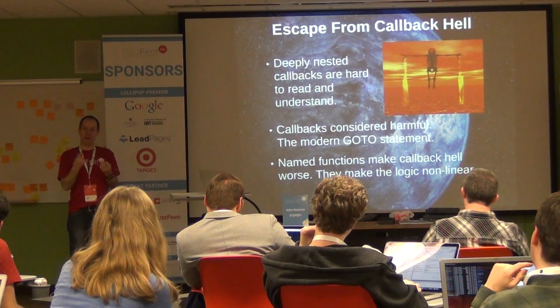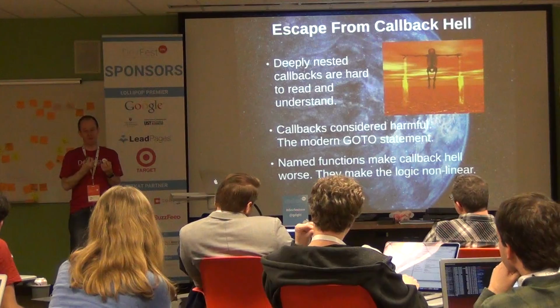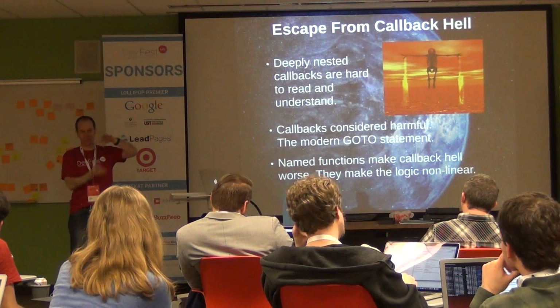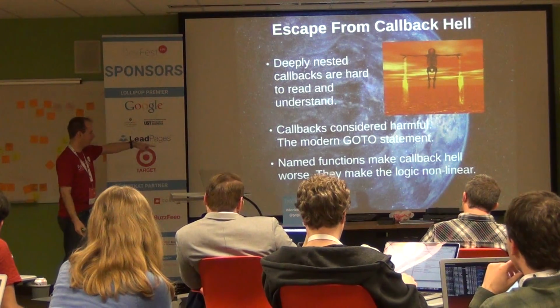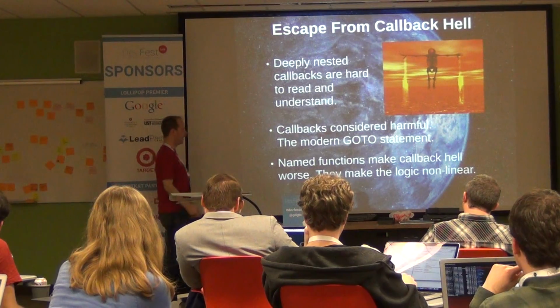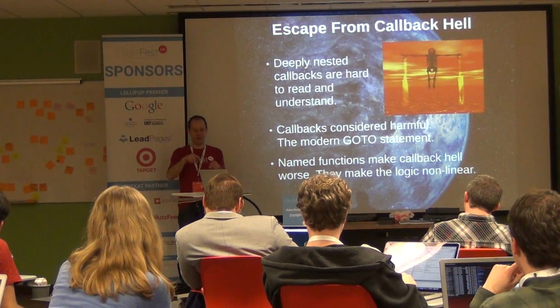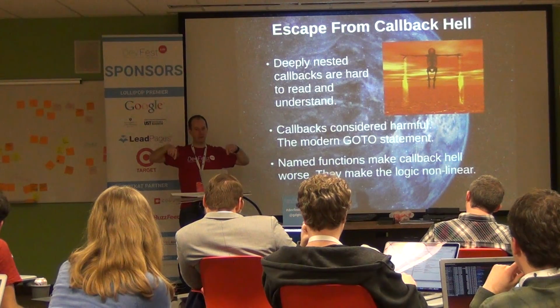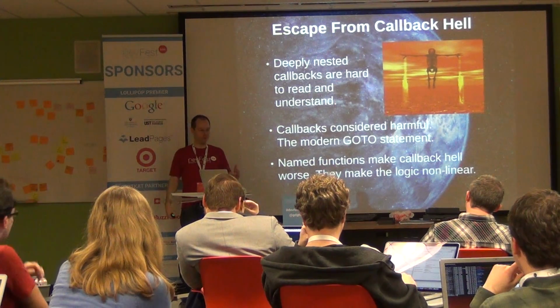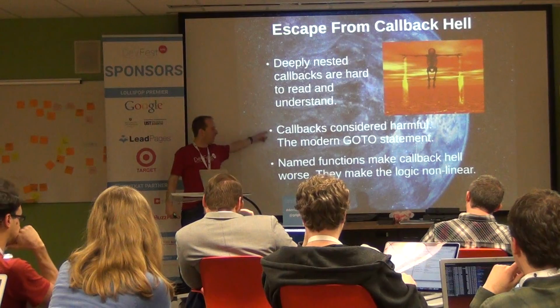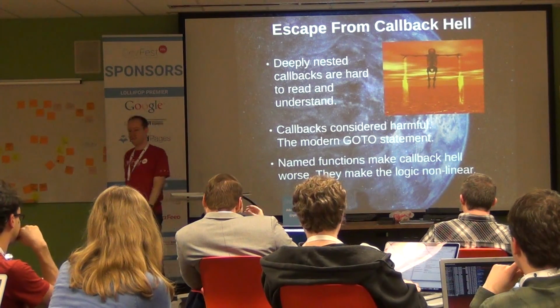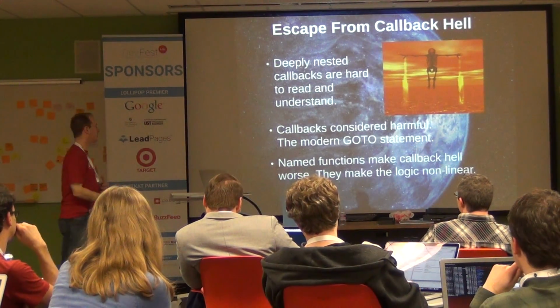By having a chain, we know exactly where we came from, we know exactly where we're going to, and everything is linear. Whereas if you're just doing named callbacks, the logic becomes nonlinear. Now we just have to go, follow the white rabbit to get to where the code went to. So, callback hell is solved by using reactive programming.